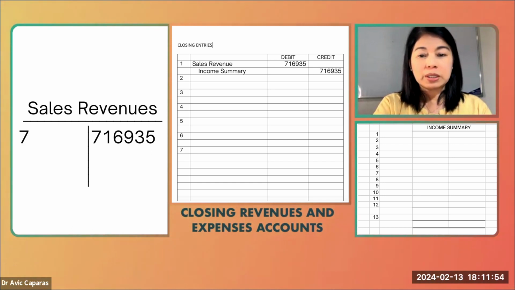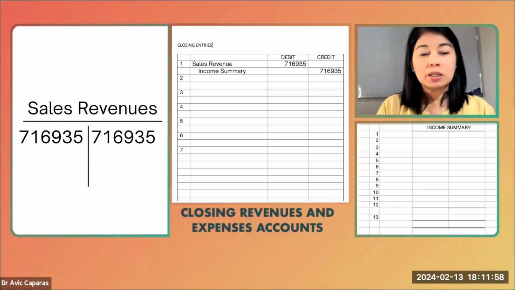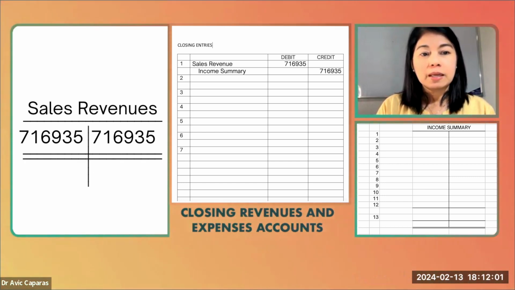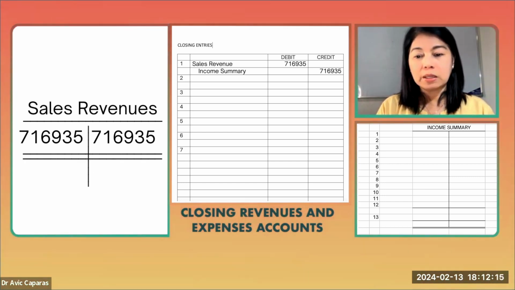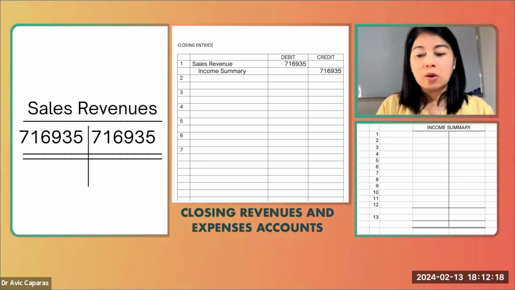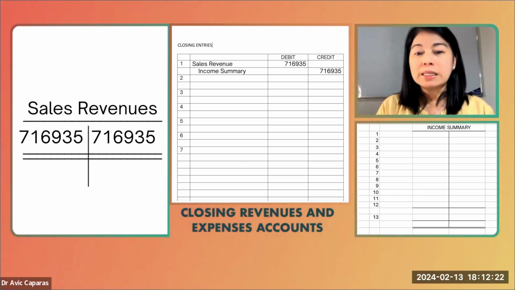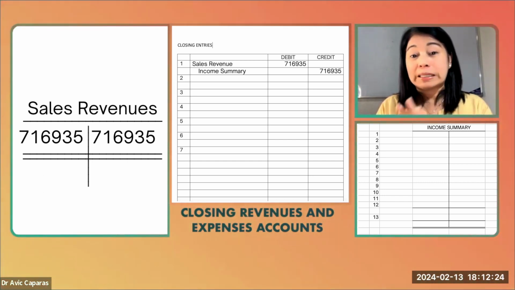So it's a debit to sales revenue of 716,935. And with that, we actually just close this. Okay, so that's closed. And then we are also going to make an entry for 716,935, but now on the credit side.